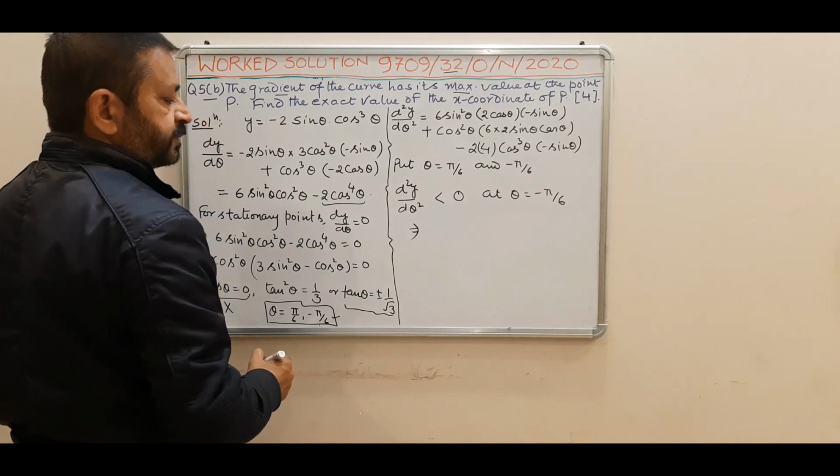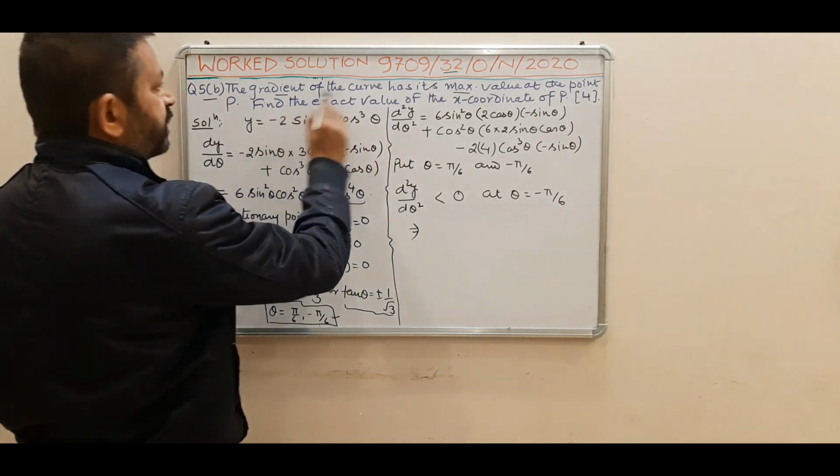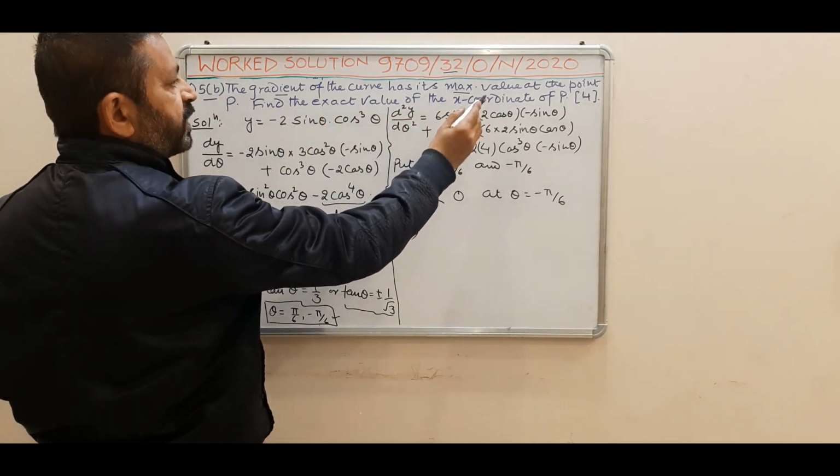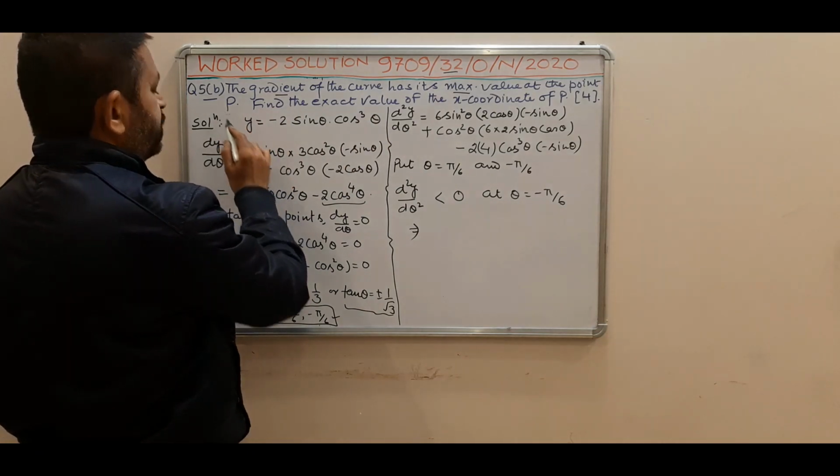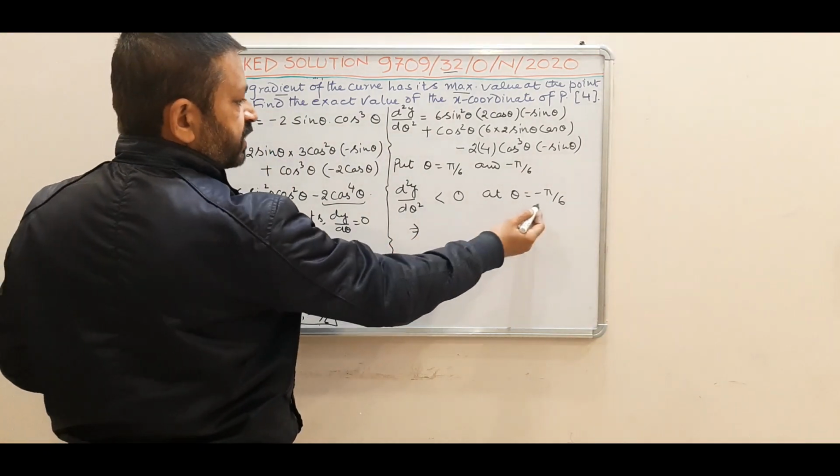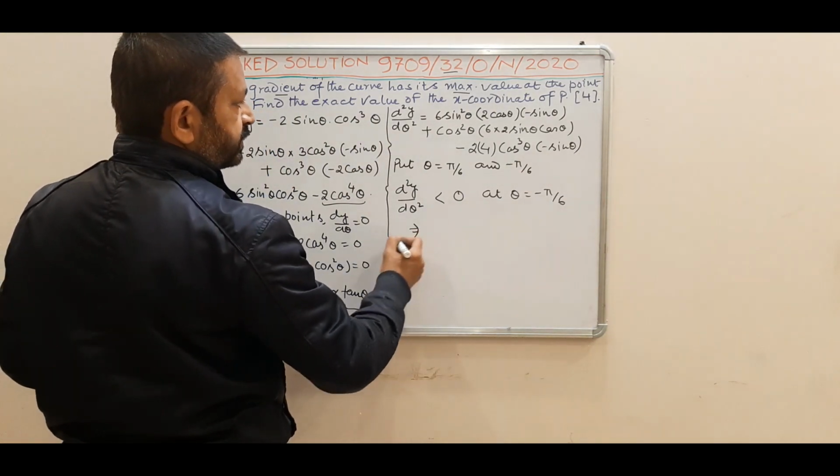So it means the gradient has a maximum value at P. So for P, theta will be minus pi by 6.